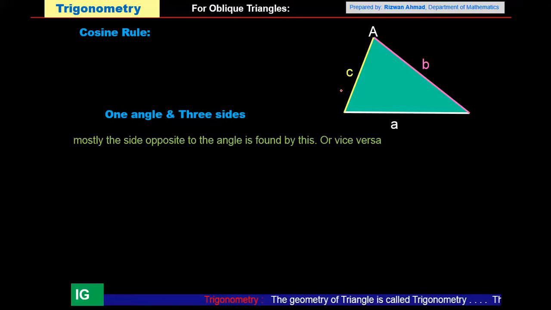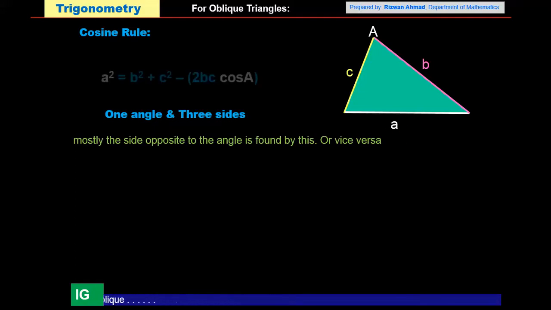Mostly we start with the side which is opposite to the angle given. If angle A is given, we start by using the side A first. So the statement for this rule is: A square is equal to, like, the side which is opposite to the angle under consideration.